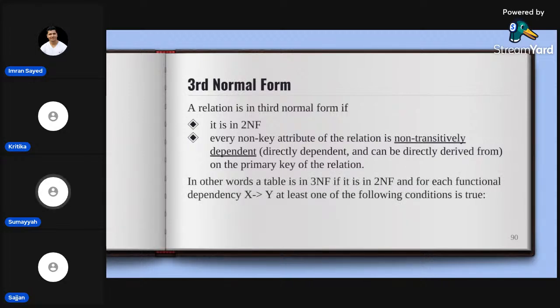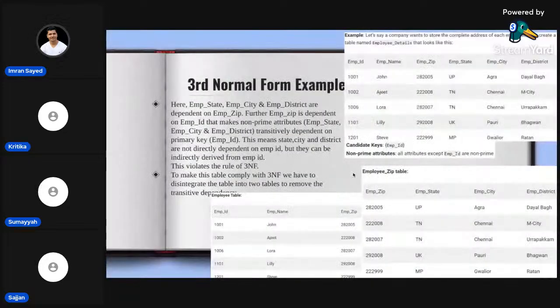In other words, a table is in 3NF if it is in 2NF, and for each functional dependency, at least one of the following conditions is true: X is a superkey of the table, or Y is a prime attribute of the table. So every non-key attribute is directly dependent on the primary key. That's all I'll remember from that.